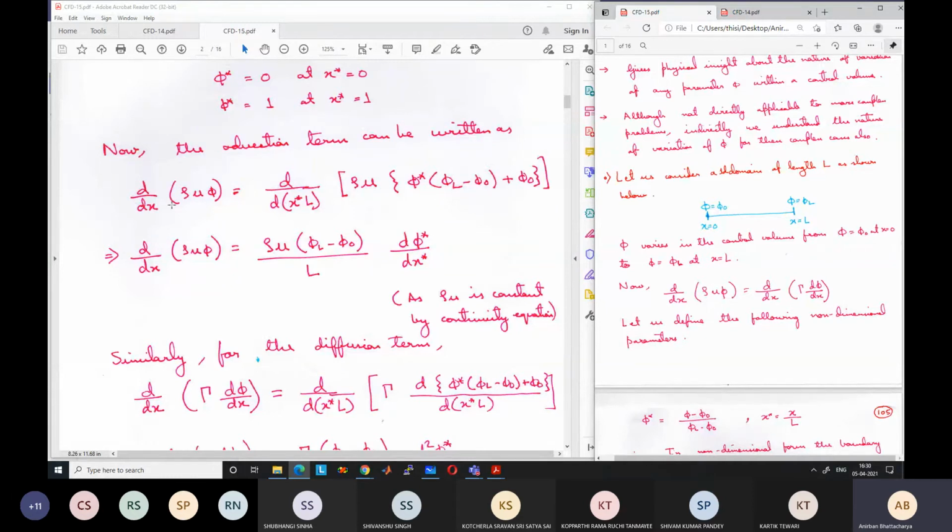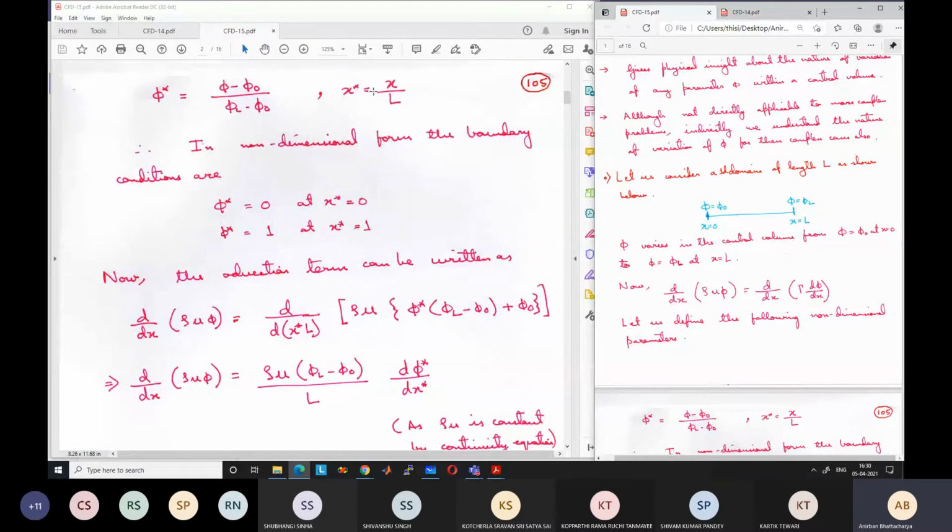So d dx of rho u phi. So d dx we can write as x is nothing but x star into L. So d of x we can write as d of x star into L. Okay. Similarly, rho u we can write as rho u. This phi we can write it as phi.